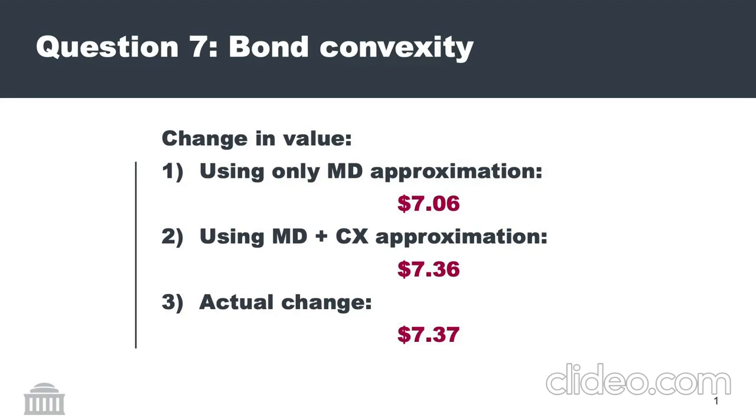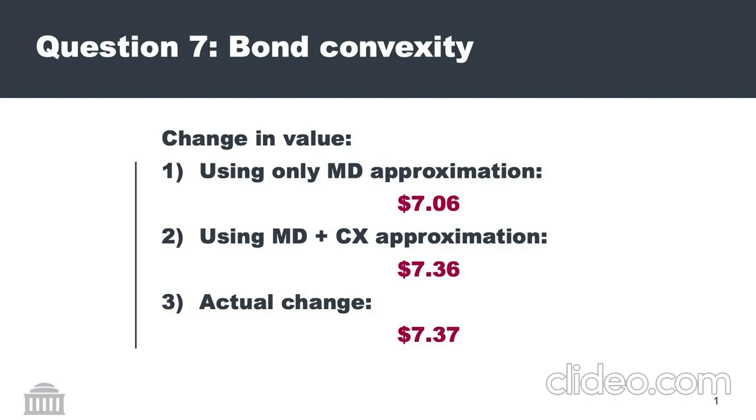Now, let's put this all together. So the change in value that we obtained using first order approximation, or approximation only using modified duration, was $7.06. The second order approximation that we obtained using both modified duration and convexity of this bond is $7.36, and the actual change in the price of this bond is $7.37.